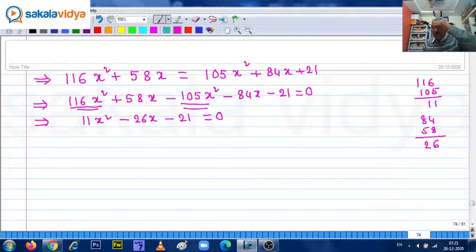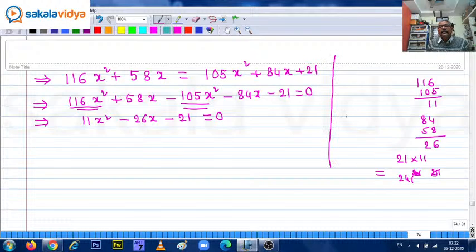Okay, so now we need to find the factors of this one. 21 into 11, the product is 231. So you need to write like this: 231 equals the product of two numbers, and minus 26.